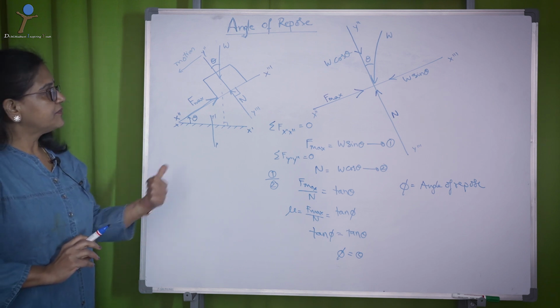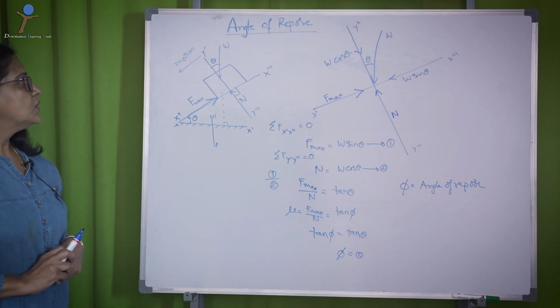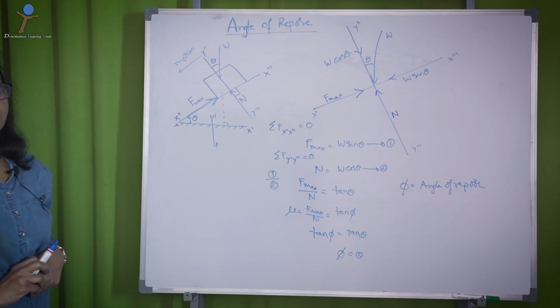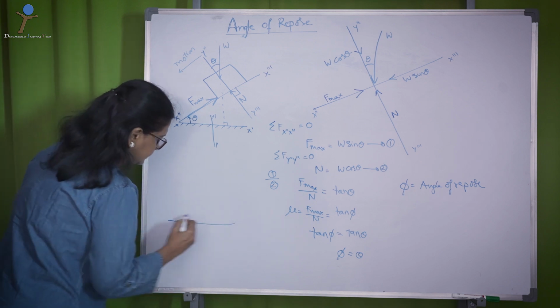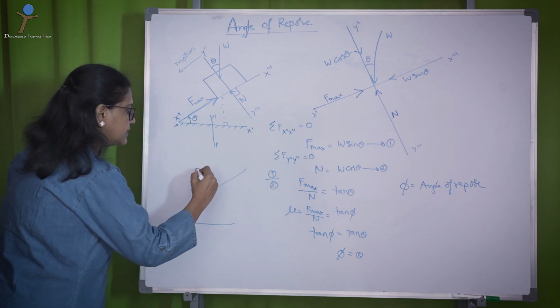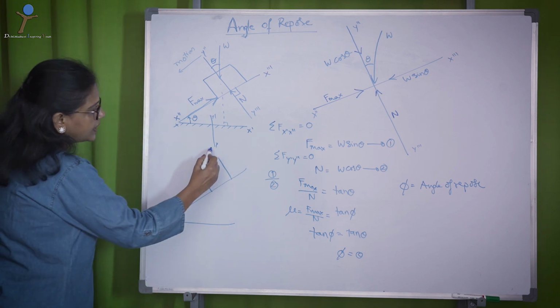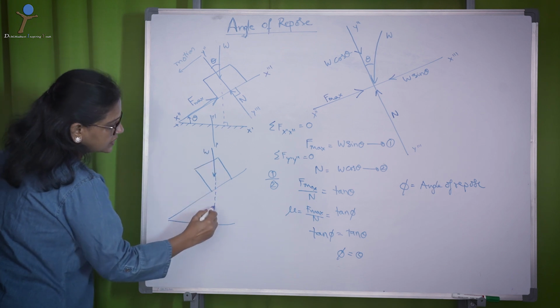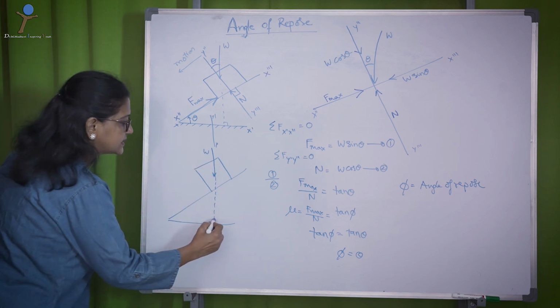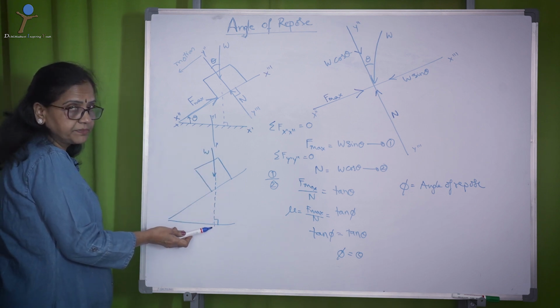There is another way of representing the free body diagram with respect to R. You can draw the inclined surface and the line of action of force where W is acting. W always acts perpendicular to the ground surface, remember.